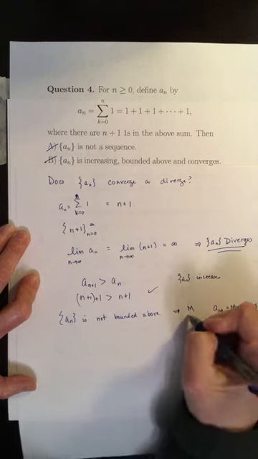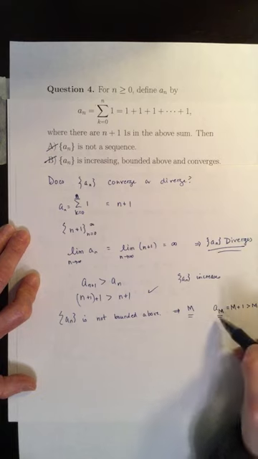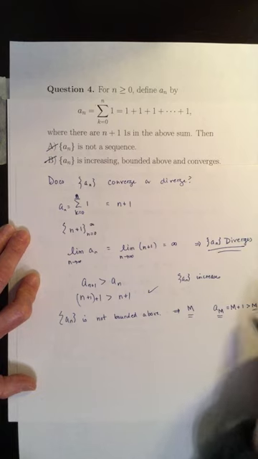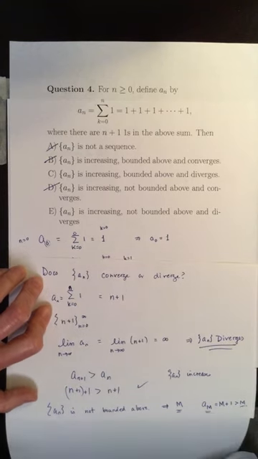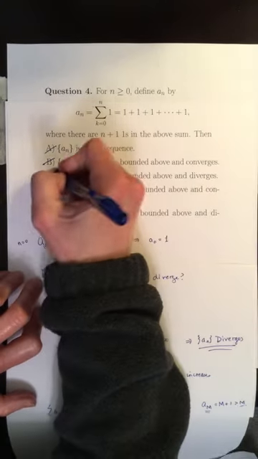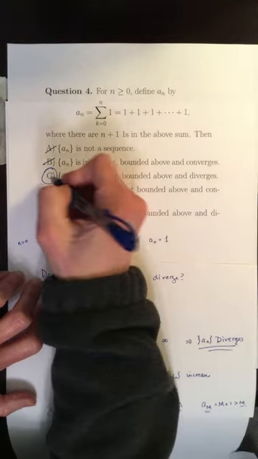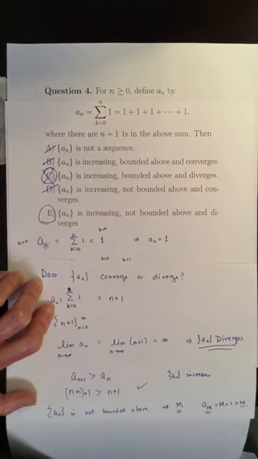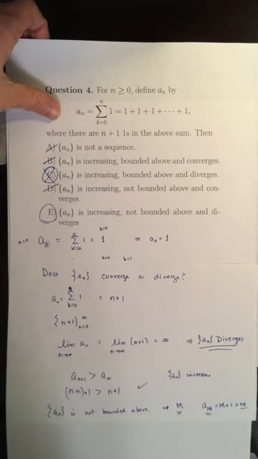So for any large value that I would choose, I'm always going to find a term, namely a sub m, that's bigger than that number that we specify. So the correct answer to question 4 would be choice C, because it is not bounded. So a sub n is increasing, not bounded above, and in fact diverges.